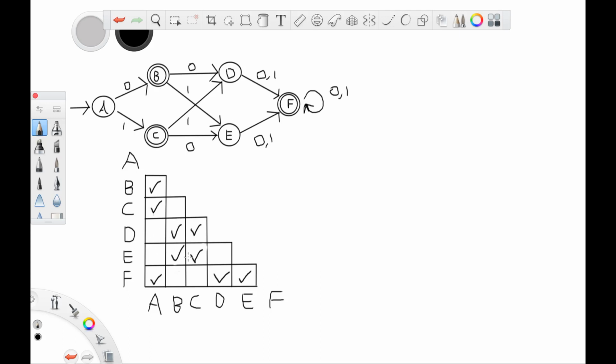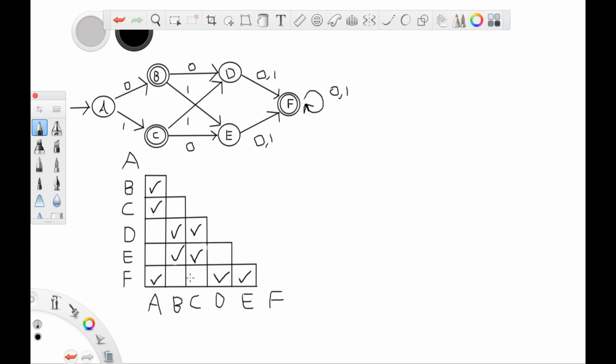What about FB? Well, if B is given an input of 0, it goes to D. If F is given an input of 0, it goes to F. DF, as we can see right here, it is checked.